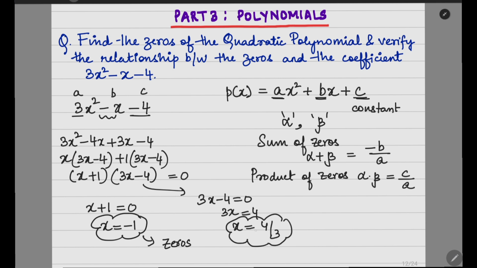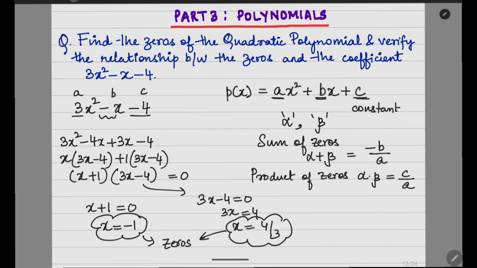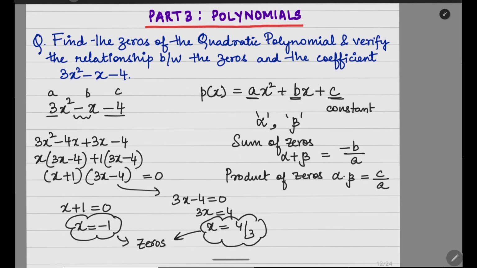This is the other zero. So one is alpha, the other one is beta. Let alpha be minus 1, and beta is nothing but 4 by 3.